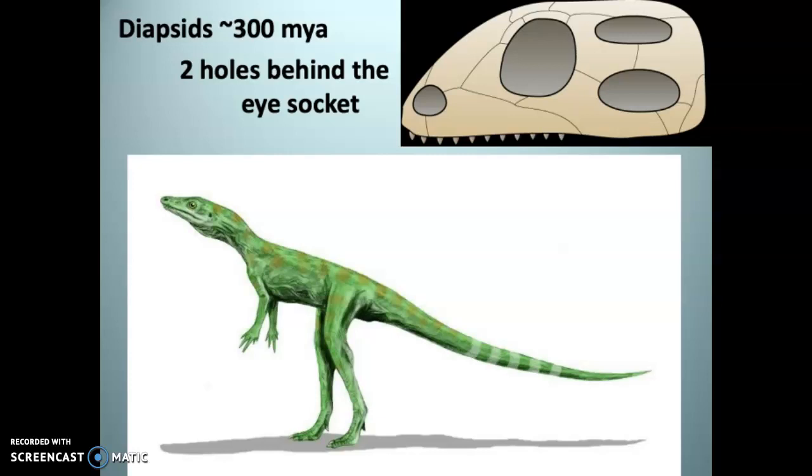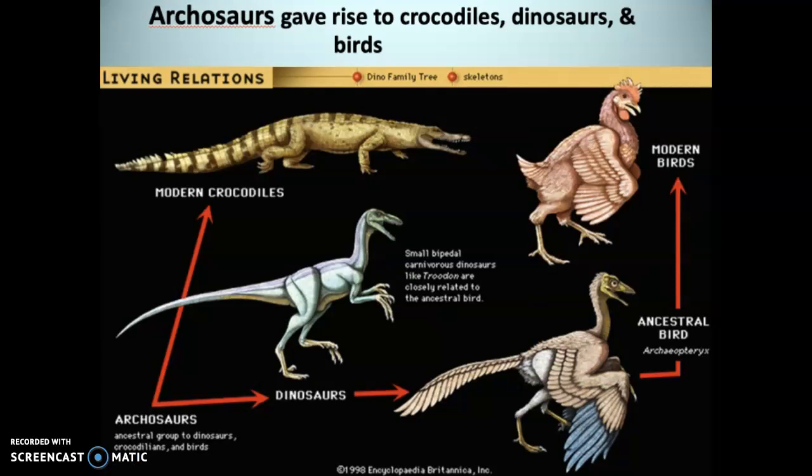From the Diapsids, though, is probably the more well-known reptiles. We get this group showing up called the Archosaurs. And then from the Archosaurs, we see this group giving rise to things like crocodiles, the dinosaurs. From the dinosaurs, we get all sorts of diversity.